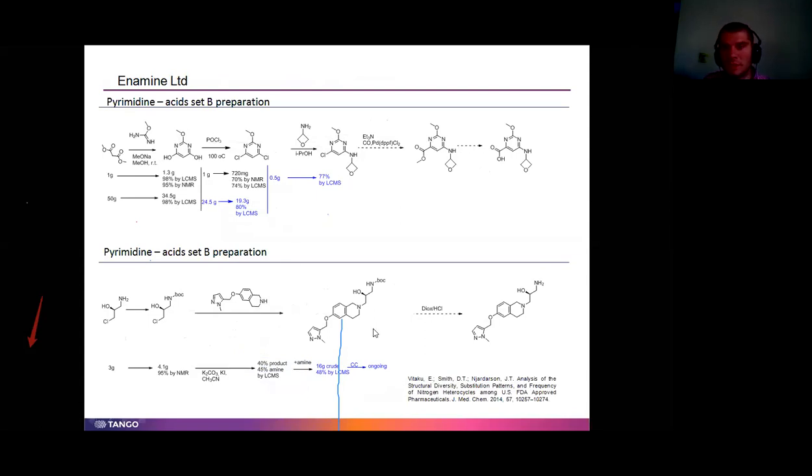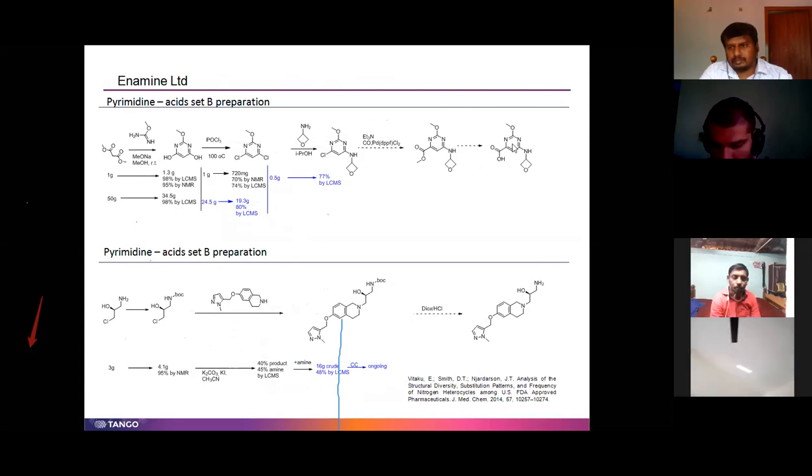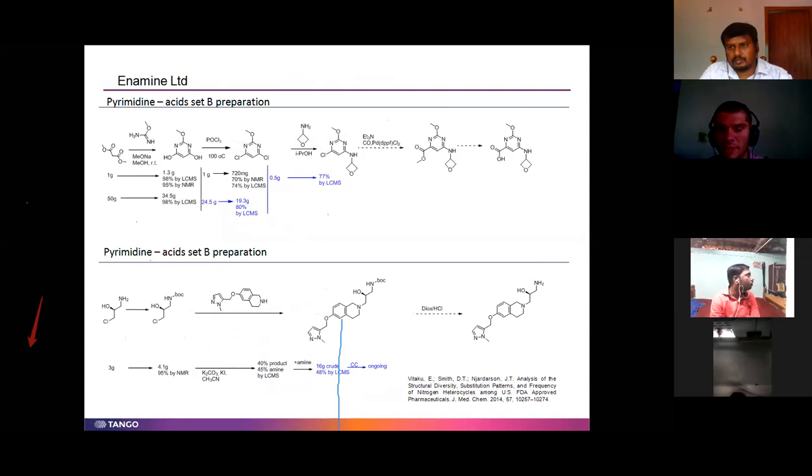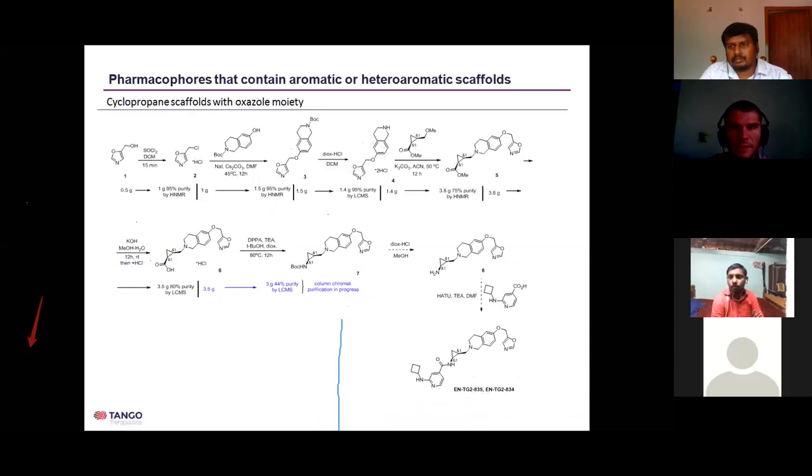Some of them, you see in this structure, have diversity in agrochemistry and discovery of fungicidal activity.